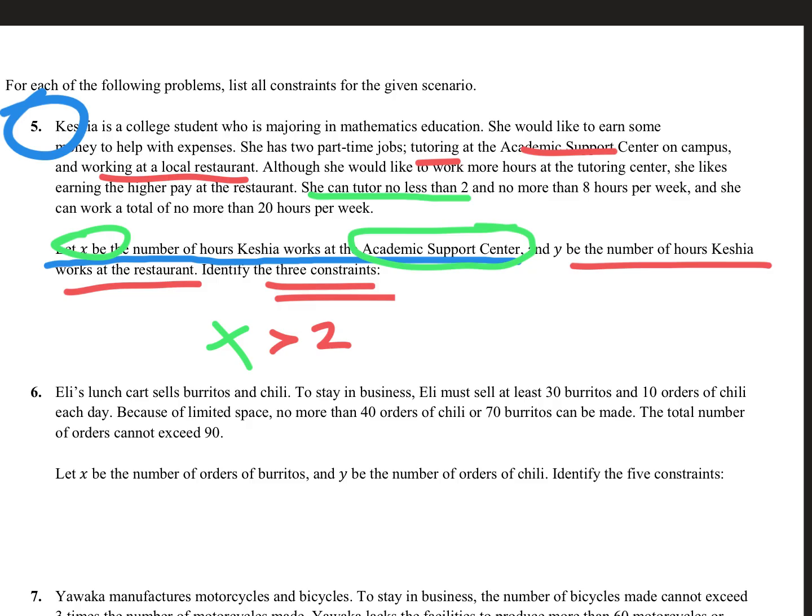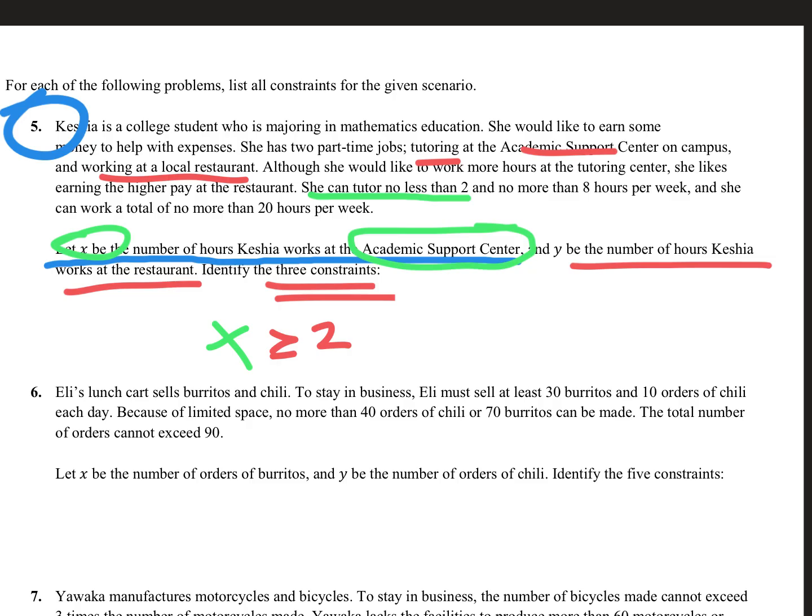Now, would you interpret this as that she has to work 2 or more? It says no less than 2. Doesn't that kind of mean it has to be at least 2? I think it means it has to be at least 2, so I think that means equals. Greater or equal to 2. All right, cool. First equation done.